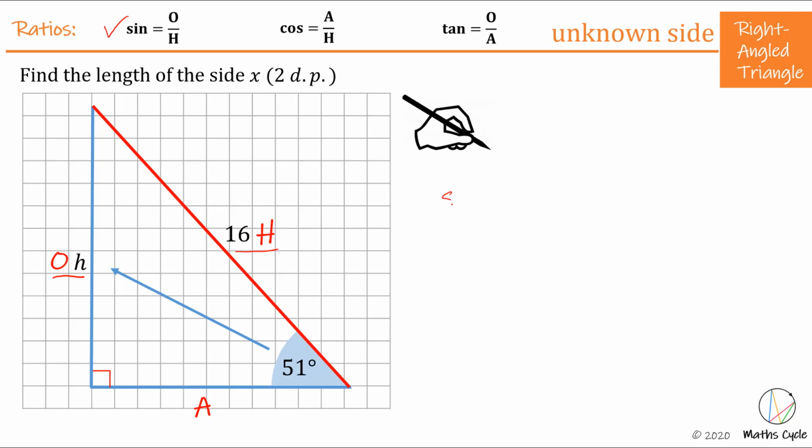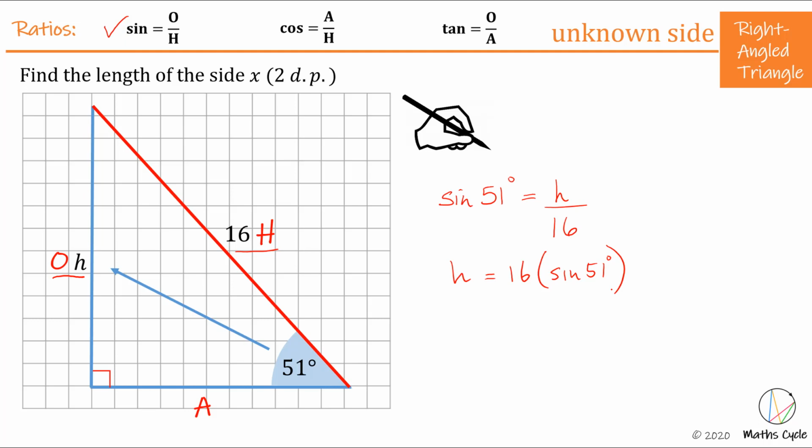We have the sine of the angle 51 degrees equals opposite over hypotenuse, which is h over 16. Okay, so either at this stage multiply both sides by 16 or cross multiply, and you will have h equals 16 multiplied by the sine of 51 degrees.